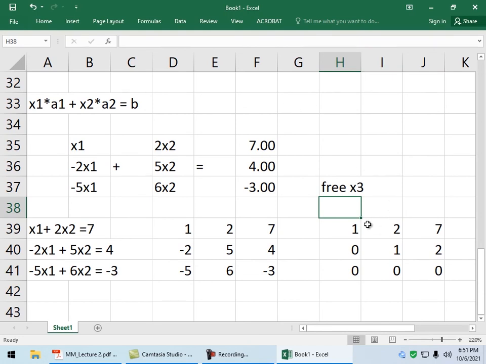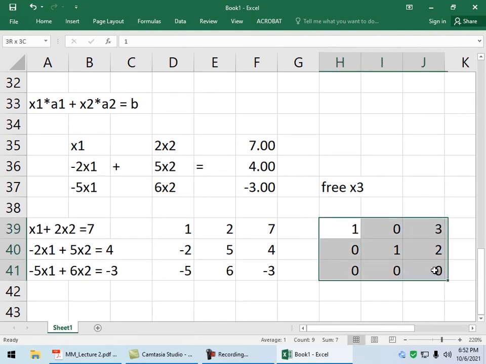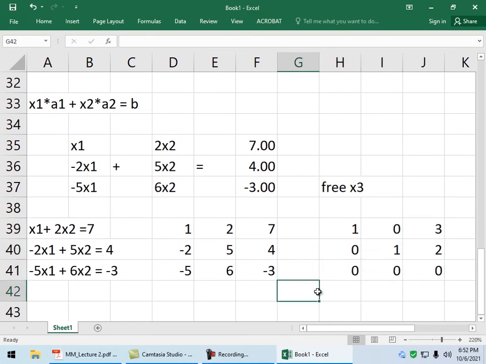So the solution for our system, let me also change these elements a little bit. There will be 0 here, and here will be 3. So this is the final solution for our system. So x1 will be 3, and x2 will be 2.